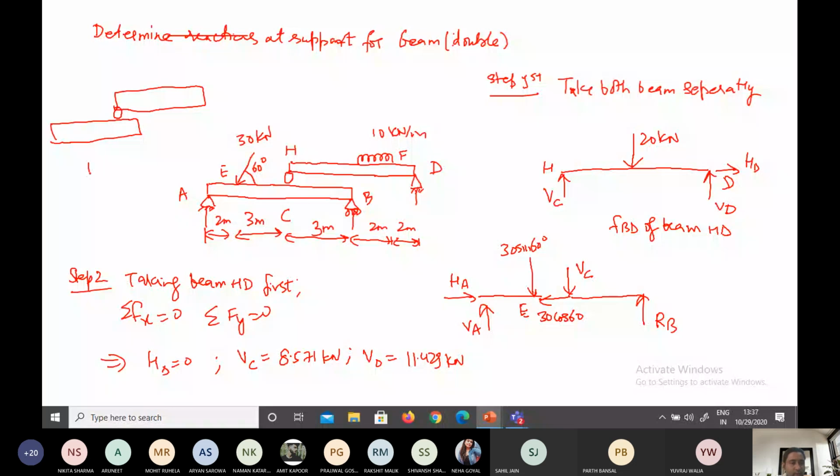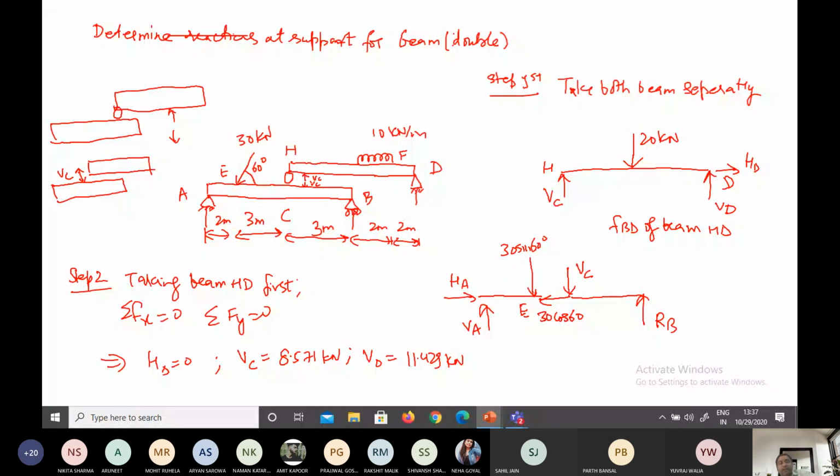I am showing it once again for your convenience. So this will be VC. One force will be upward and the other force will be downward. This is the ABD in case of combined beam. So if I make the ABD here, it will be VC and VC.